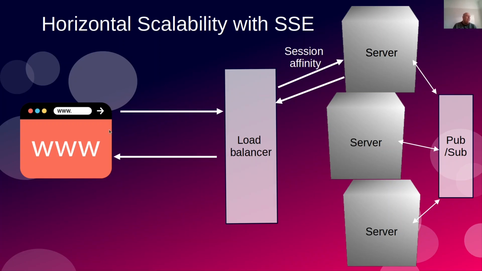And in that case, the messages would go through the load balancer to any one of our instances or from any other source. And that would be published on the PubSub queue, and all of the servers would listen to it. And since they would each be maintaining a subset of the SSE sessions, they would all be responsible for notifying their attached clients.